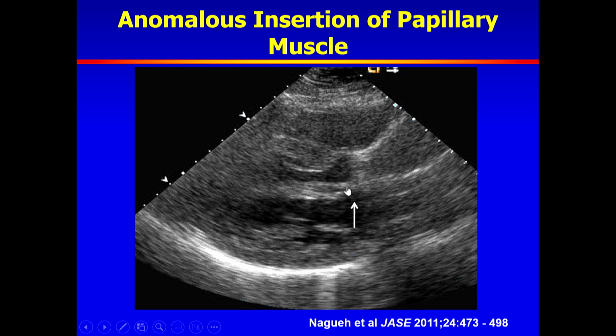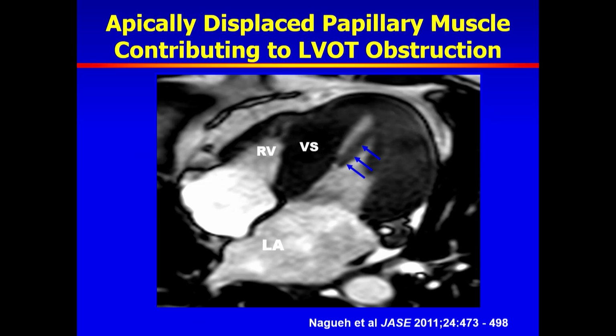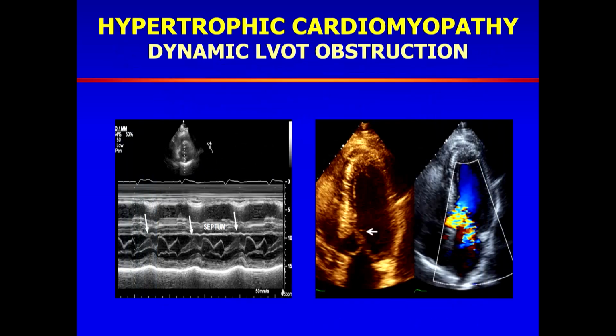This is what diagnoses anomalous insertion of the papillary muscle. If that is present, then these cases with dynamic obstruction are best treated by surgery that can address the problem with the papillary muscle. Of course, you get a lot of details about papillary muscles also by CMR. And I will try not to delve more into that at this time.